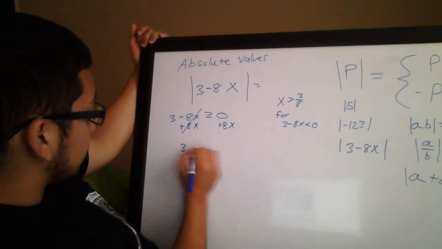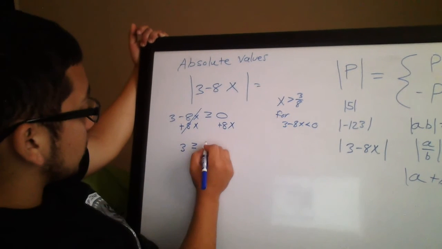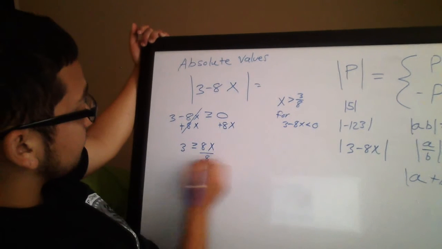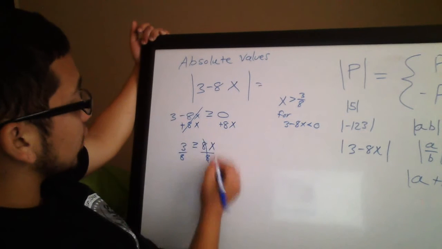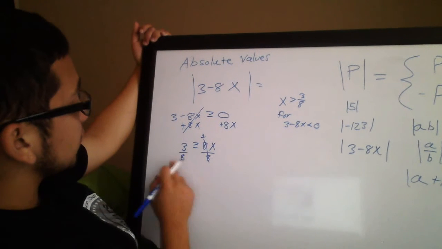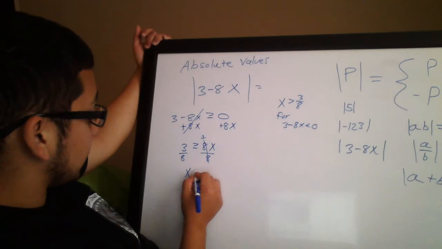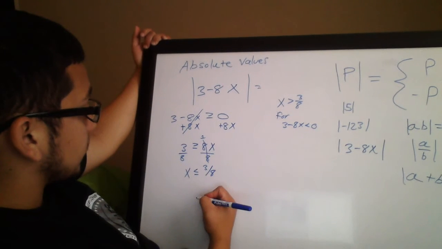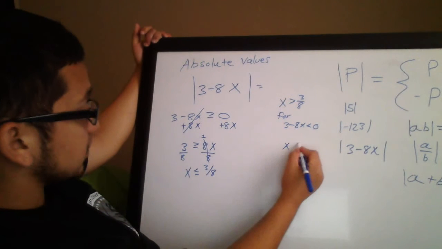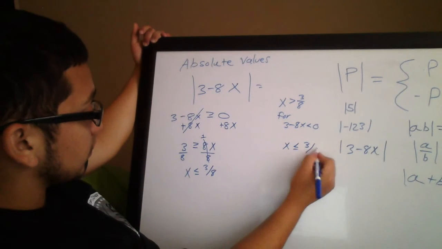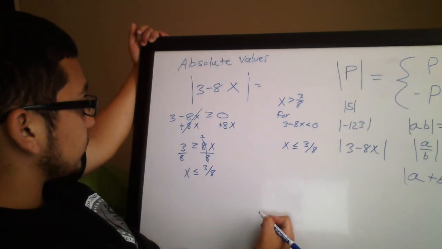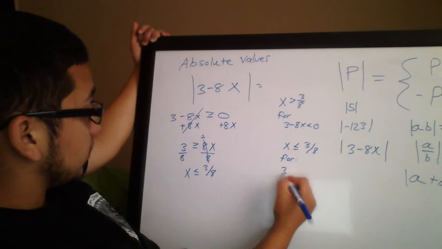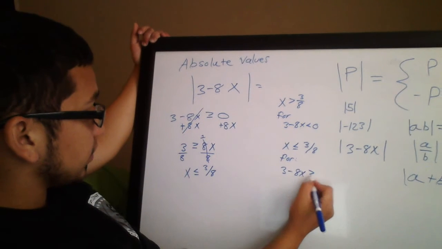So I have 3 is greater than or equal to 8x. And then divide out the 8 to each side. So that's a 1, it goes to 1. So I have 1x on this side and 3 8ths. So I have x is less than or equal to 3 8ths. Okay, so I'm just going to write right here, x is less than or equal to 3 over 8, for 3 minus 8x is greater than or equal to 0.